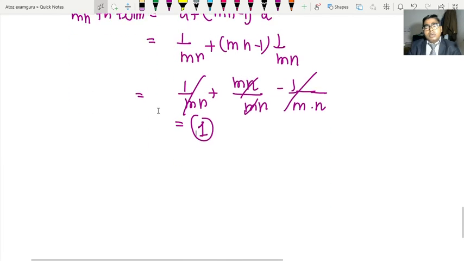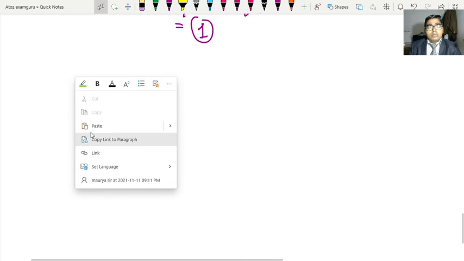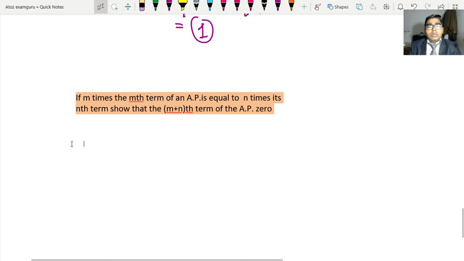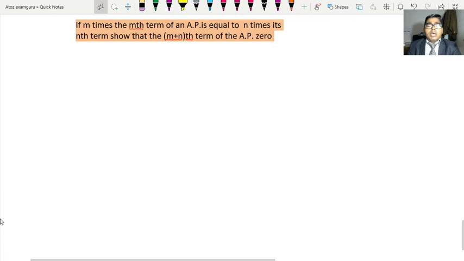Right friends, now let us see the next question. The next question is on screen. If m times the mth term of an AP is equal to n times its nth term, show that the (m+n)th term of an AP is 0. So let us see.